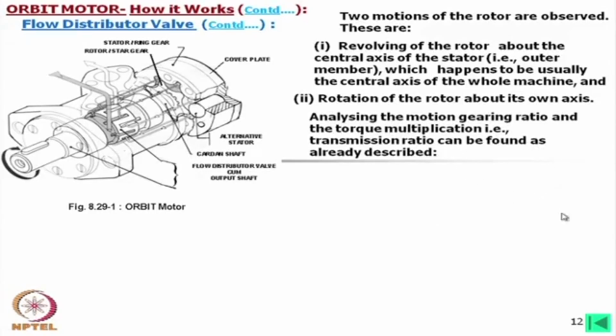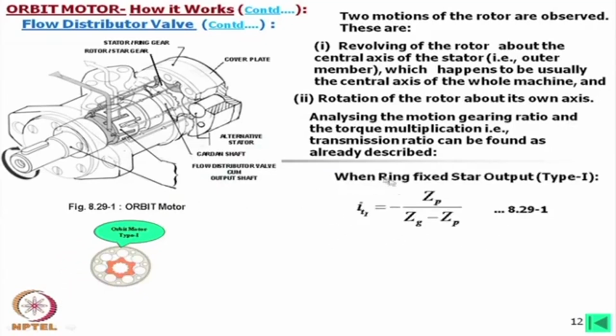Analyzing this motion, the gearing ratio and the torque multiplication, that is the transmission ratio, can be found as already described. When the ring is fixed and the star is output, the type 1, the transmission ratio is the number of lobes of the star member divided by the difference.